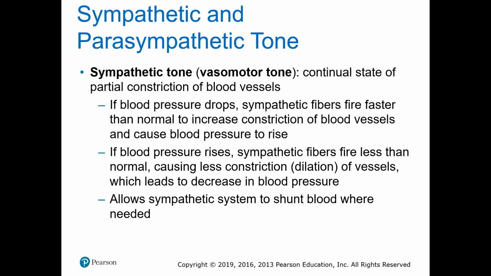Just like in skeletal muscle, having muscle tone, we have what's known as sympathetic tone. We keep all of our vessels in a very slightly constricted state, and it's easier to constrict them quicker if we need to. It's also easier to let them dilate as needed.